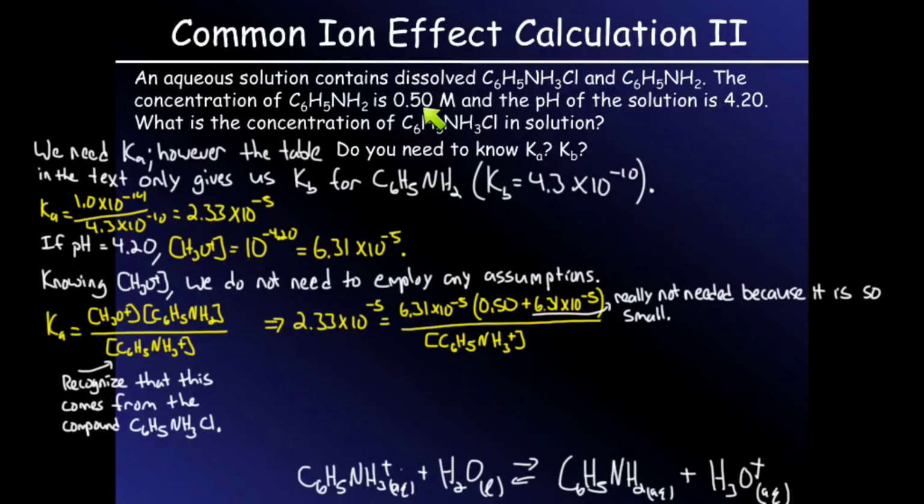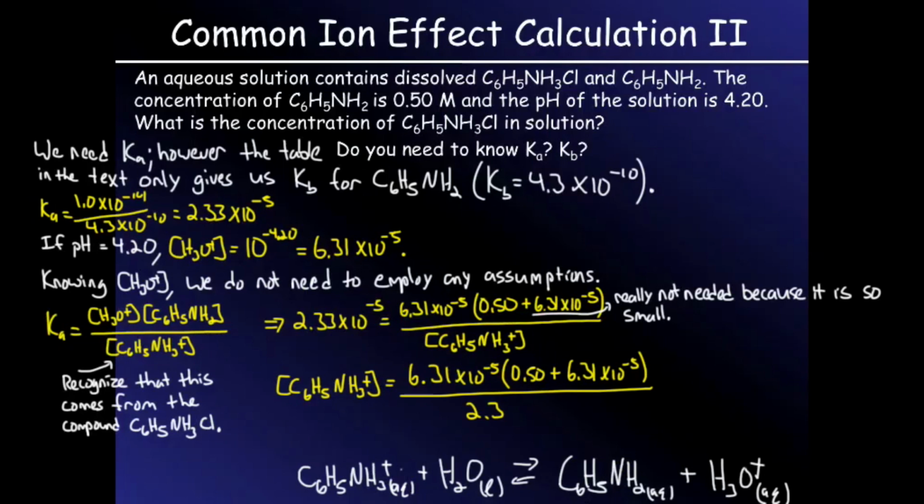However, according to our assumptions, this is not needed because this essentially is X and we have eliminated it in our calculations. So I would encourage you not even to worry about this in these types of calculations also. We can then rearrange the equation and solve for the concentration of the conjugate acid, and you'll find that if we neglected this, we would still get the same value of 1.4 molar.